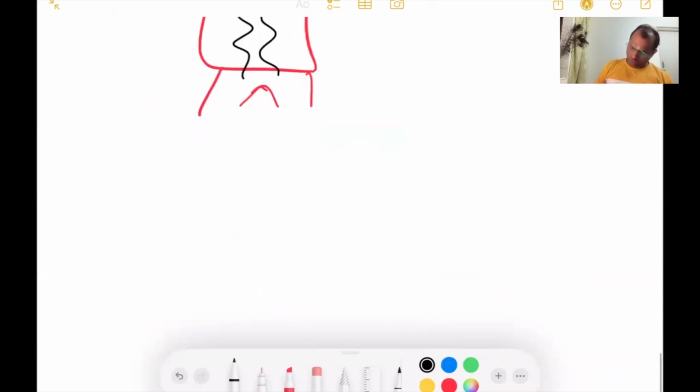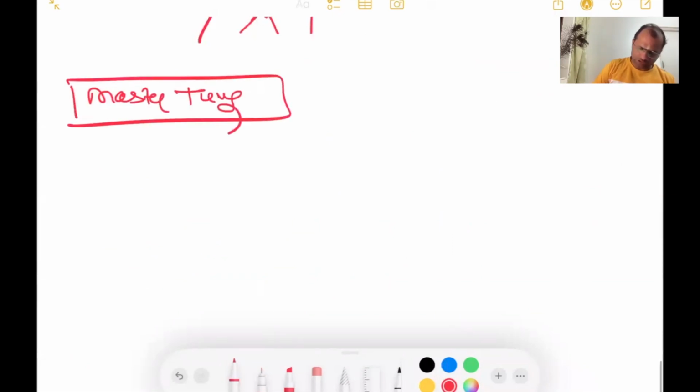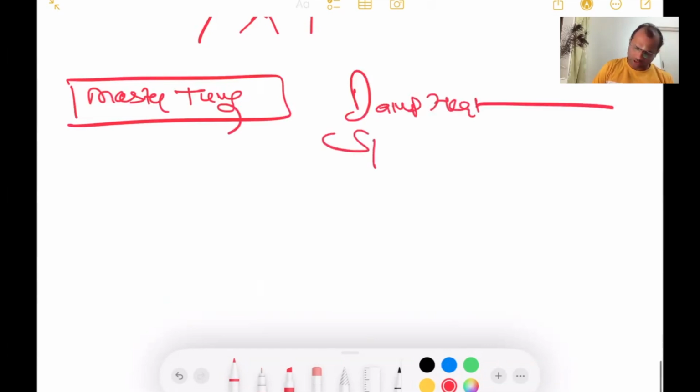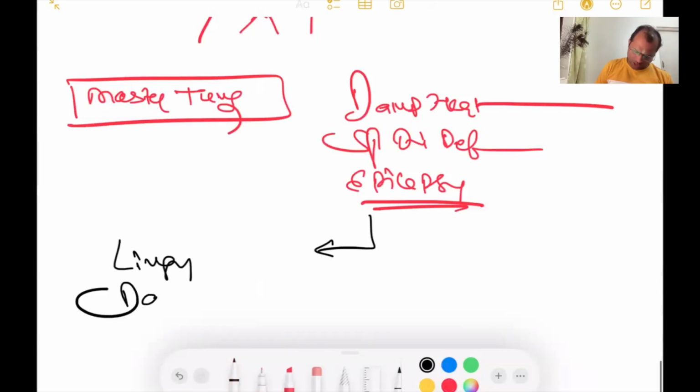As per the master tung, what we can do, master tung के अनुसार हम क्या कर सकते हैं? For the patient having damp heat, having spleen deficiency, and epileptic problems, the problem of epilepsy. Number 1, we can use Linggu and Da Bai. Very good point.